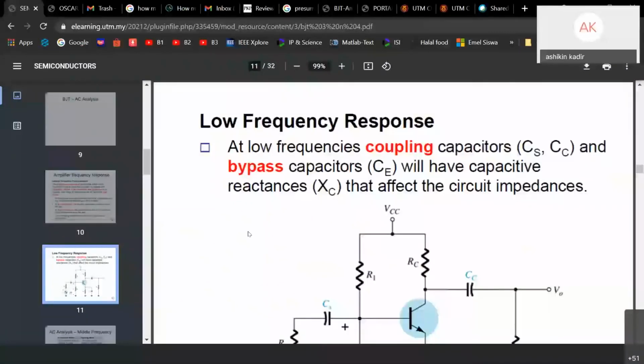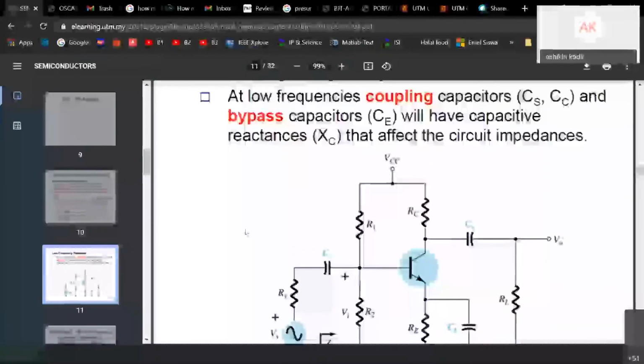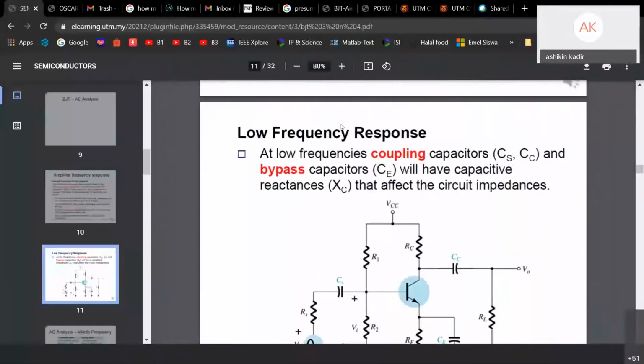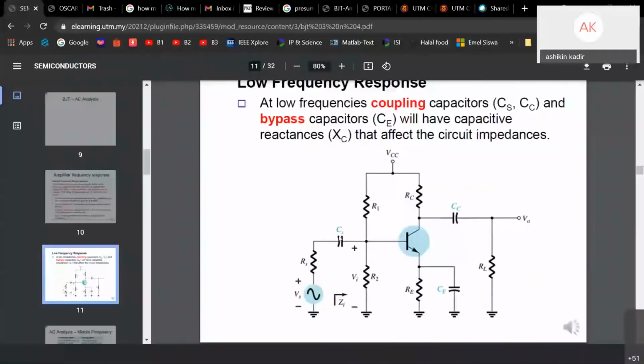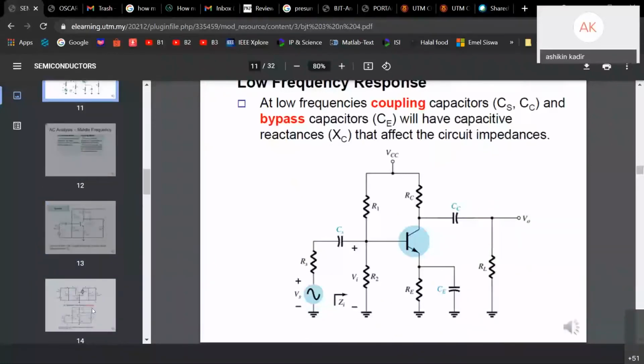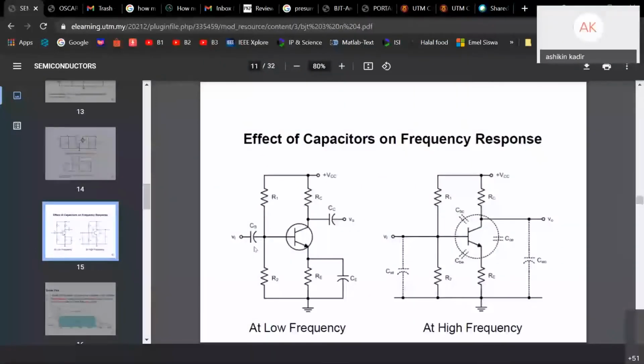So first, low frequency. You need to draw the capacitors that you saw in the circuit. So you need to draw CS, CC, and also CE. These three capacitors you need to draw for your AC equivalent circuit. On the left side is during low frequency, and at high frequency, you need to draw the capacitance inside the BJT.